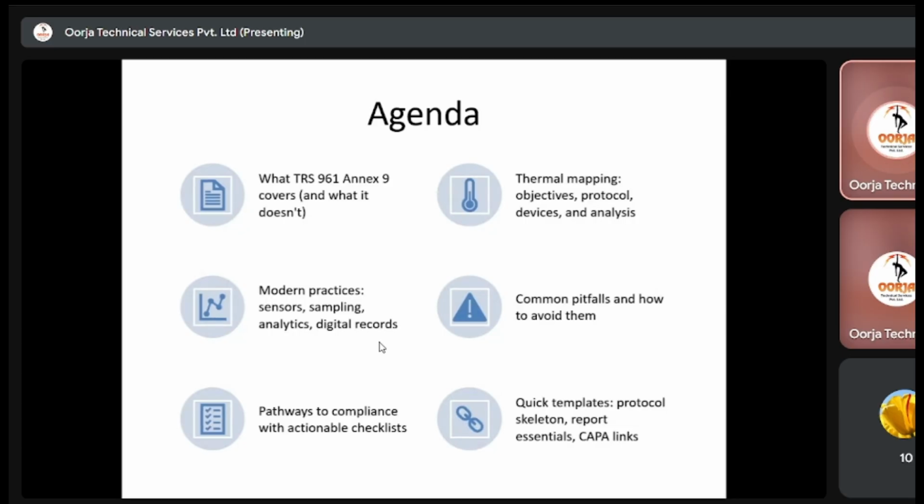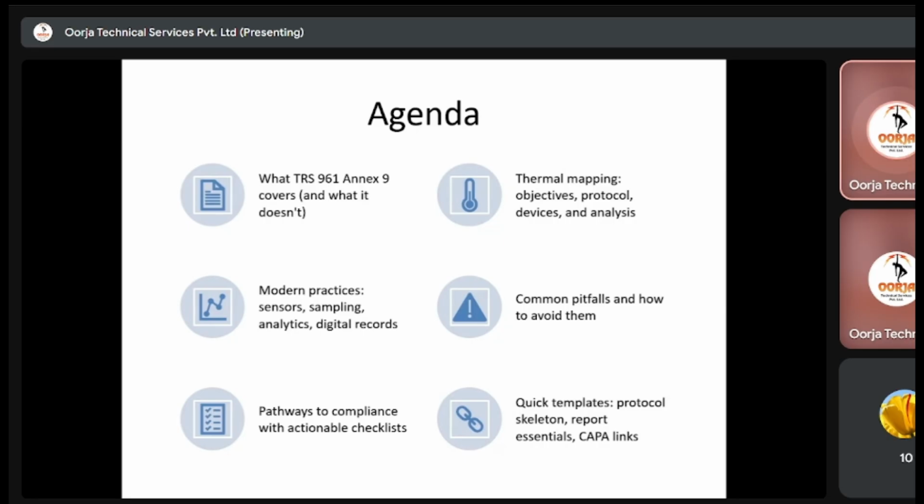Then we will look at modern practices, which are not just about compliance, but about efficiency and data integrity using modern sensor analysis and digital records. Crucially, we will highlight the common pitfalls. I'll share insight into frequent mistakes we see and, more importantly, provide practical fixes to help you avoid them.